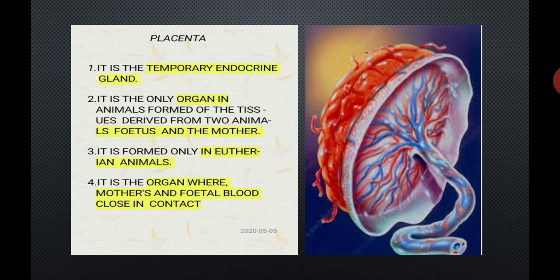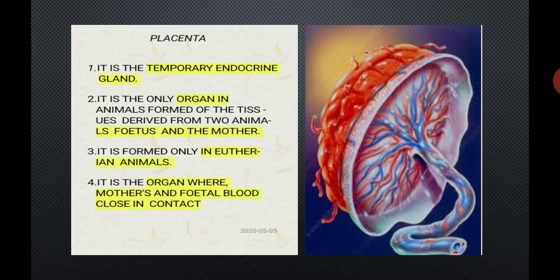One is a fetus and the other is a mother. Further, placenta is the organ where the mother's blood comes in contact with the fetus's blood.